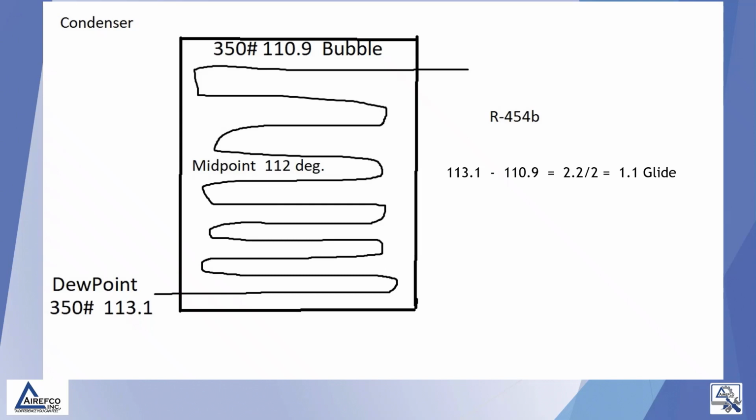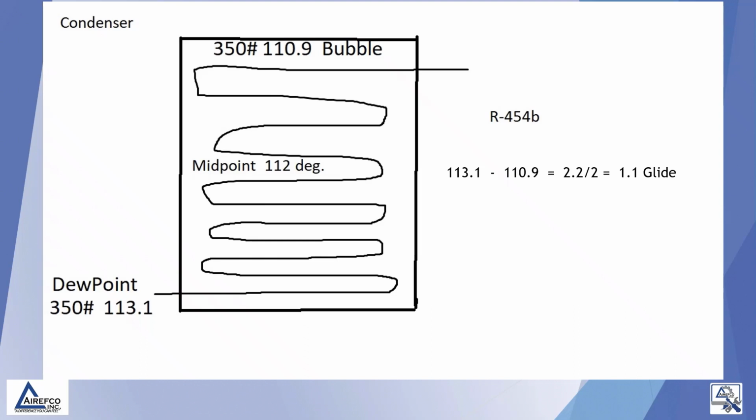As you'll notice from the slider and the temperatures, on the condenser side we have an entering dew point at 350 pounds of 113.1, and an exiting bubble point of 110.9. When we subtract the two and divide, we get a 1.1 glide, which is a very small glide of the refrigerant.